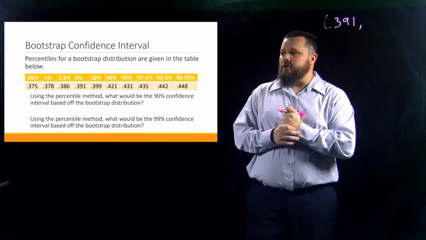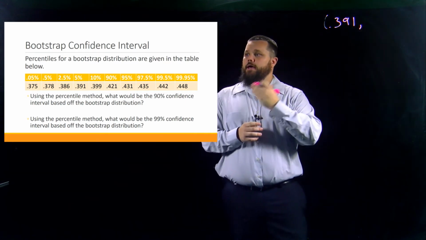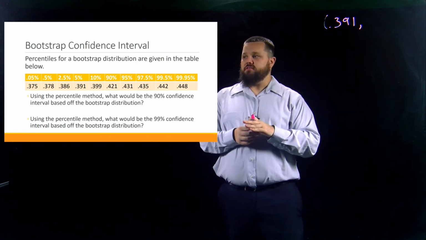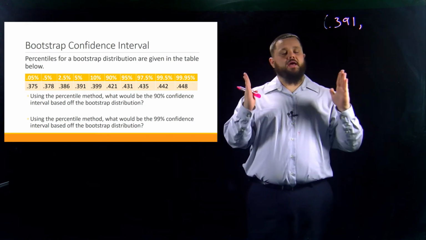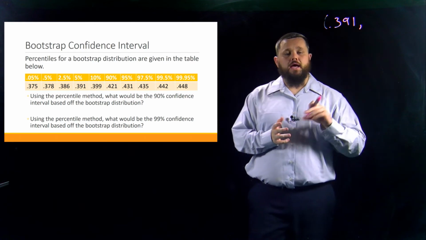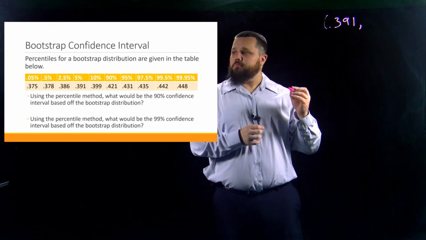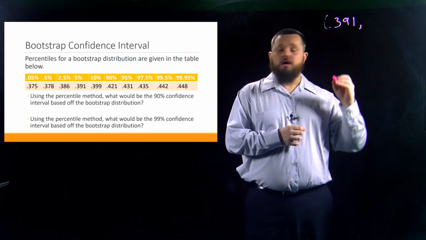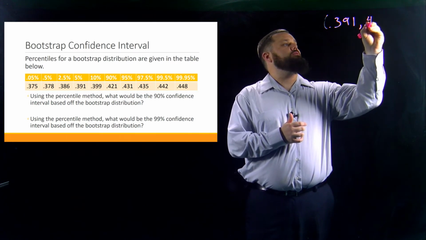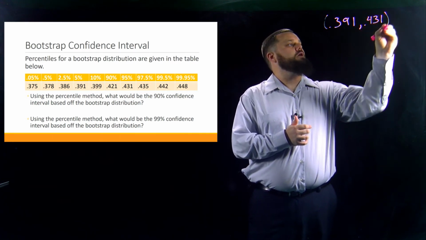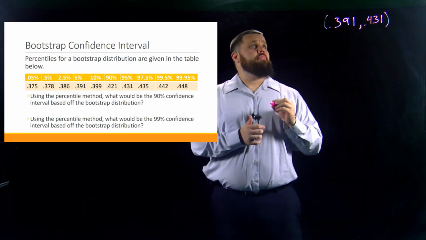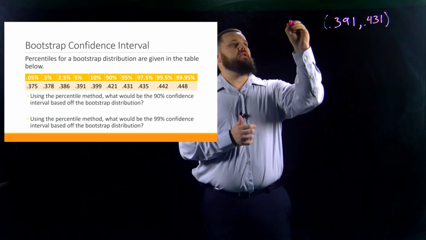And then we're going to go up to the 95th percentile. So between the 5th and the 95th percentile is going to be the middle 90%. So our 95th percentile, according to the table there, is going to be 0.431. And this would be a 90% confidence interval.